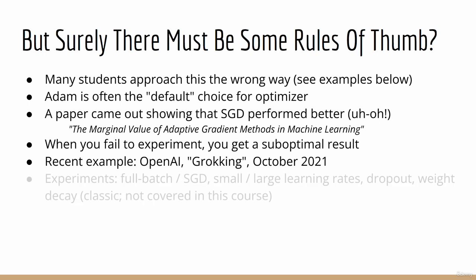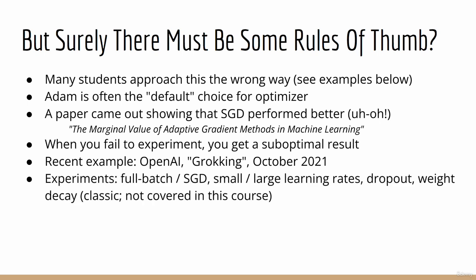Specifically, they tried different approaches, such as full versus stochastic gradient descent. They tried different learning rates. They tried dropout, and they even tried weight decay, which is a method that has somewhat fallen out of favor in the modern era of deep learning. So even researchers at one of the top AI companies in the world still must do these experiments, and even on simple things like weight decay.